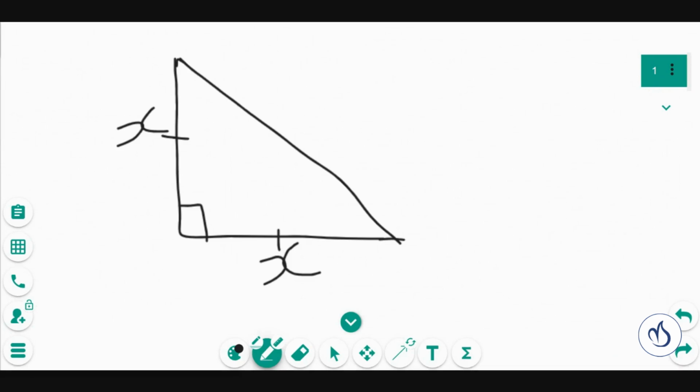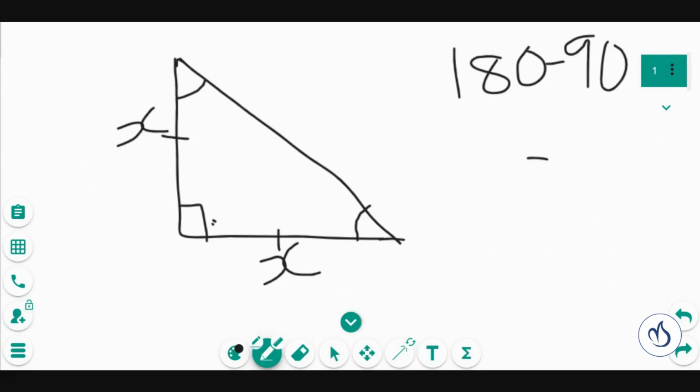Now, if the two sides are equal, even the two angles are going to be equal. Our total angle sum is 180. We already have a 90 here that is giving us a right angle, meaning I have 90 remaining, which is being divided by these two angles.